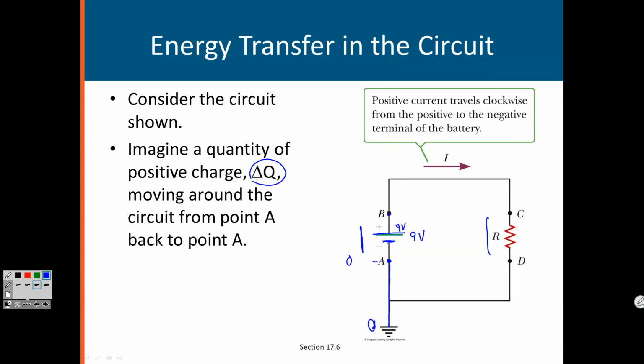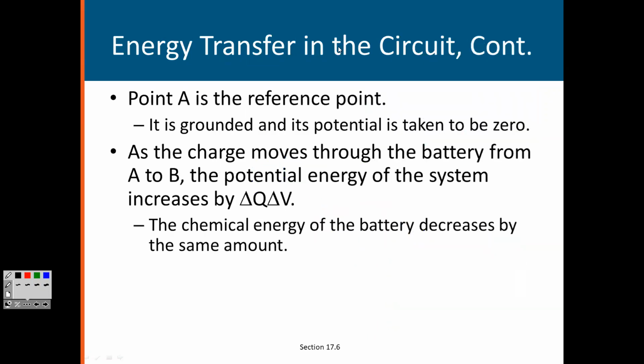So as it goes from A to B, the charges will acquire energy corresponding to the 9 volt, and it will increase by the amount delta Q. If that is the amount passing from A to B, the potential energy will be increased by an amount delta Q into delta V. That is the potential energy change. Potential energy change is equal to Q into potential difference. That is how we define the potential in terms of the potential energy. Then what happened?